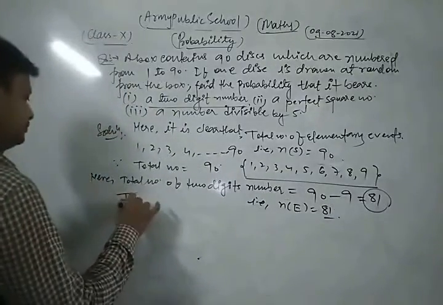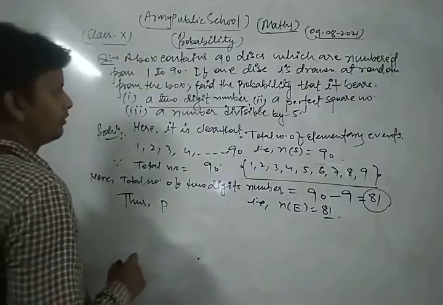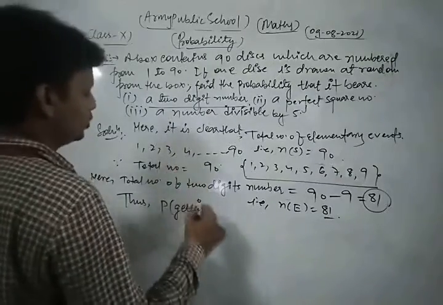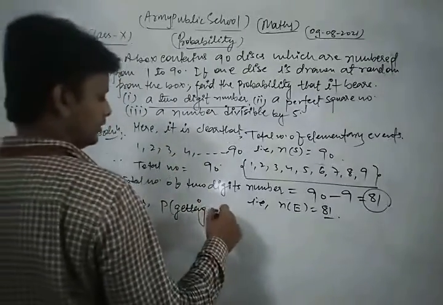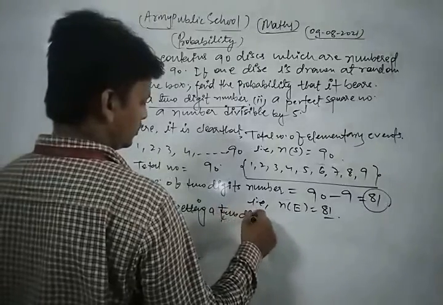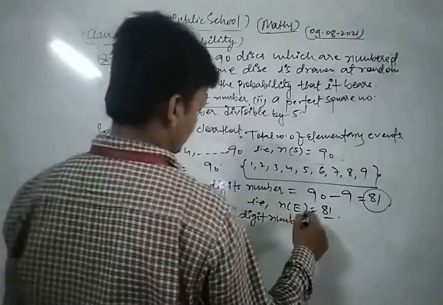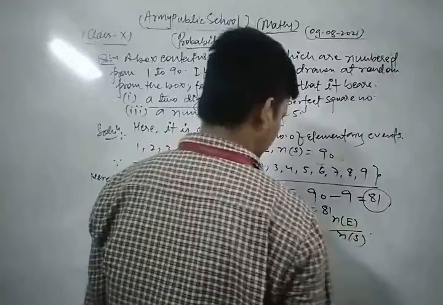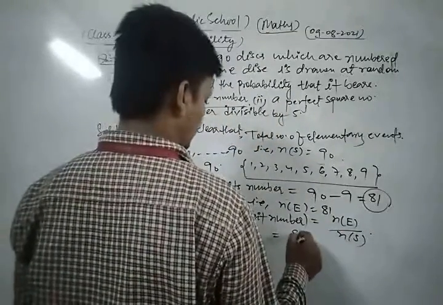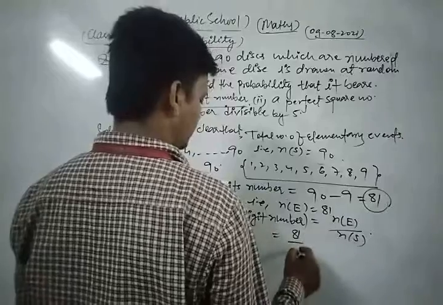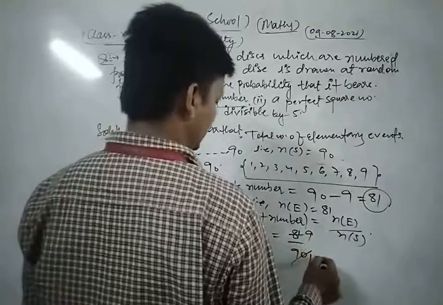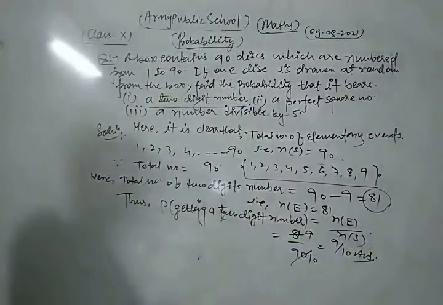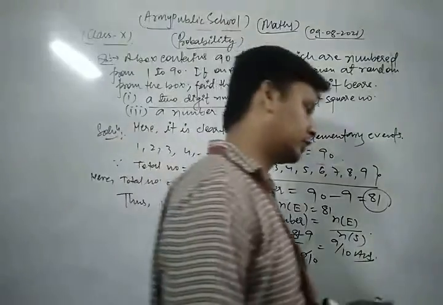Thus, the probability of getting a 2-digit number is the number of favorable outcomes upon total possible outcomes, which is 81 upon 90. 9 nines are 81, 9 tens are 90. That is 9 upon 10. So 9 upon 10 is the required solution of the first part of this question.